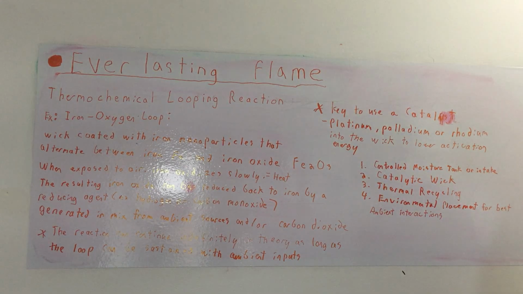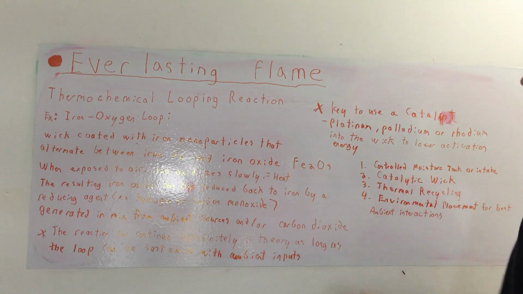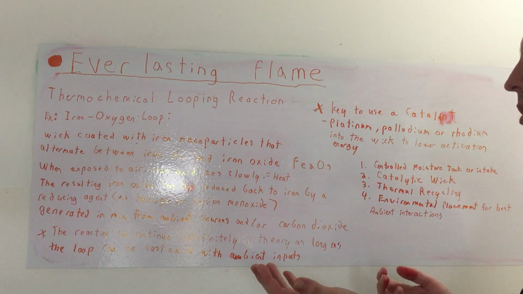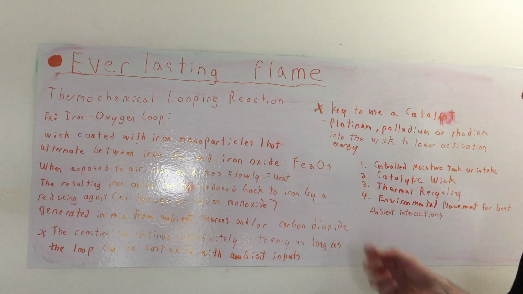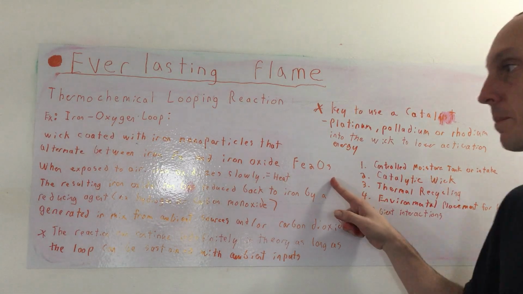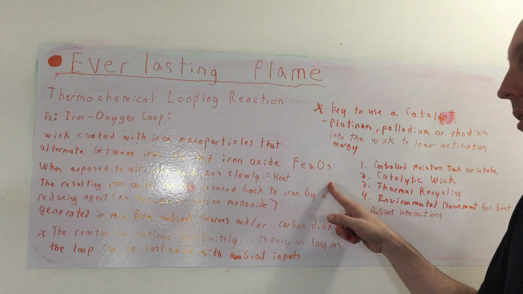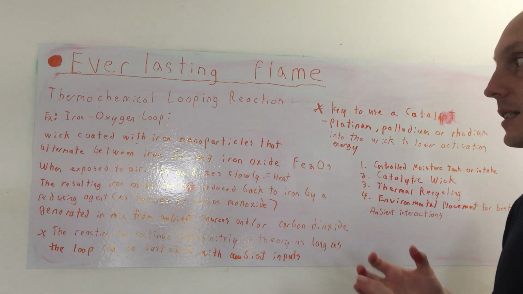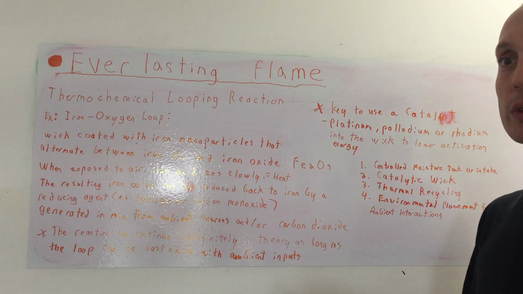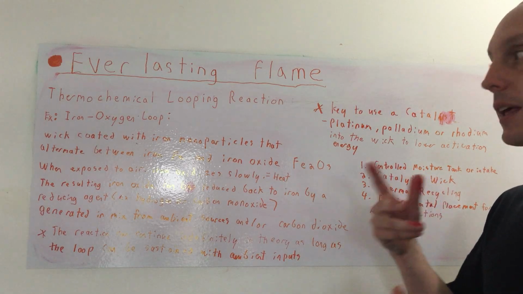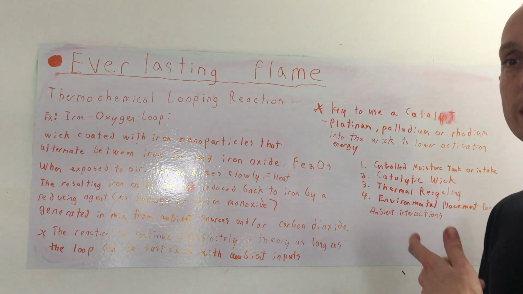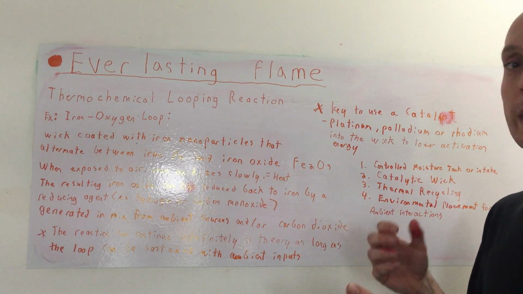So essentially what we're getting at here is a wick coated with iron nanoparticles that alternate between iron and iron oxide, Fe2O3. It's really neat because as you get into this, you see the similarities where in the electrical system we depend on nonlinear systems and breaking the symmetry.